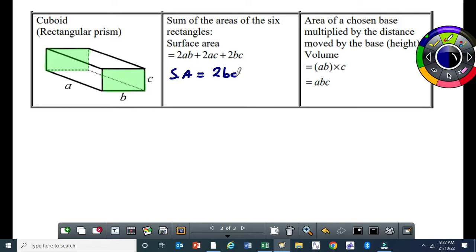Okay, let's come here. So let's move on to the second set of faces. Now let's look at that bottom one and the top one.